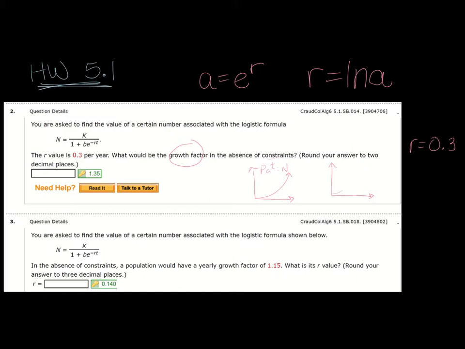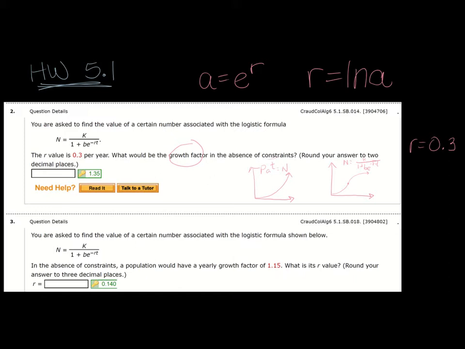Sure, we start off looking exponential. We reach our maximum sustainable yield, our optimum yield, and then we start going towards that maximum carrying capacity. This is our logistic model. It's going to be a little harder to fit under here, but let me see if I can do it. B e to the negative rt.